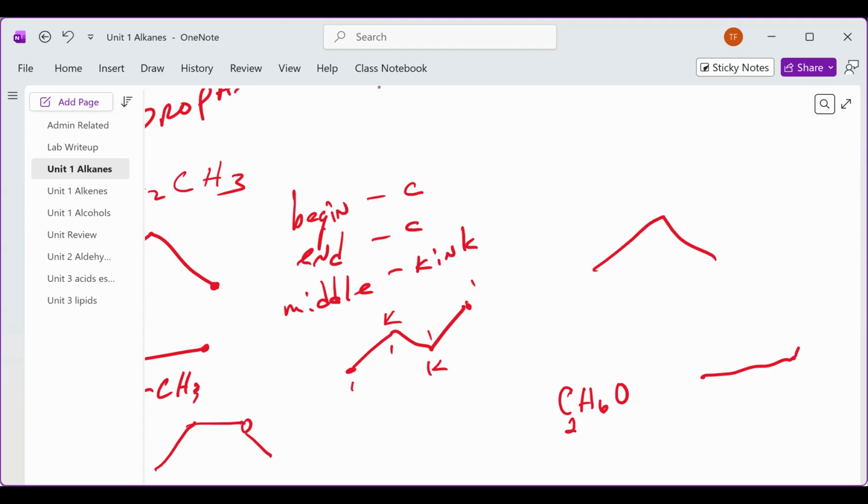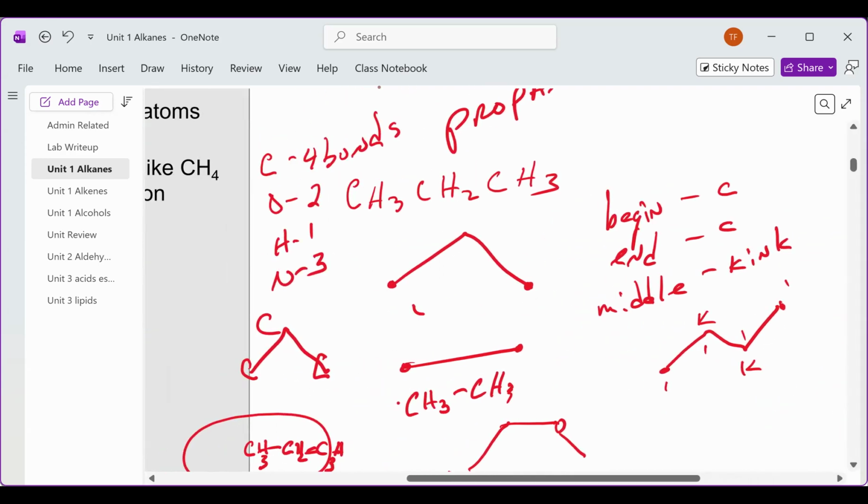So that's going to look like this. So two carbons, no kinks, because there's no middle carbons. And then we have an O. Oxygen has two bonds now.